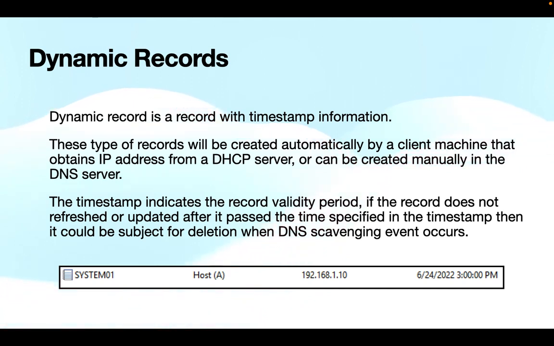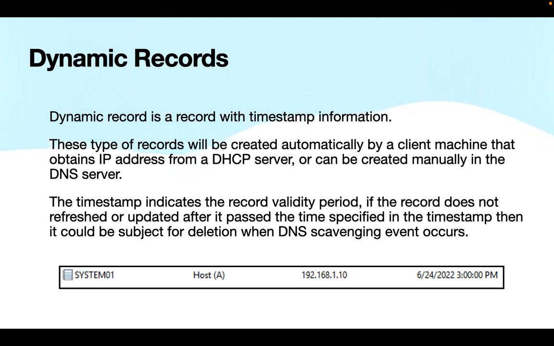The scavenging process does not touch static records. Scavenging only happens when dynamically registered records are not refreshed or updated after they pass the time specified in the timestamp. Then only those records will get deleted automatically.